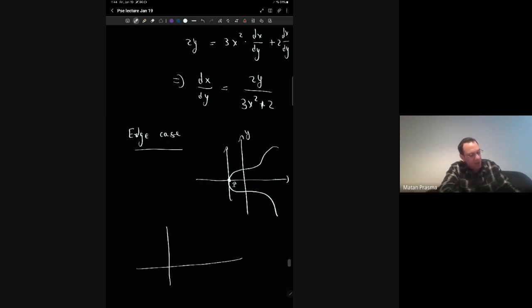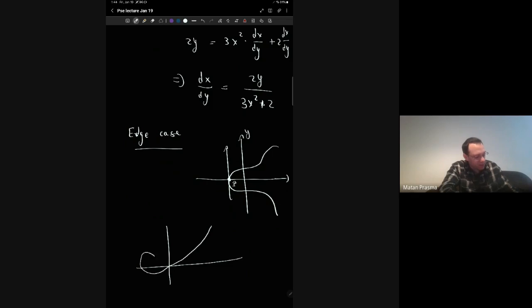But if I take a curve like this, I think it is y squared equals x cubed plus, I think, plus x, but let me check. And this is plus x squared.